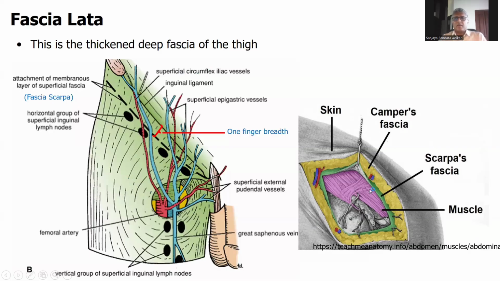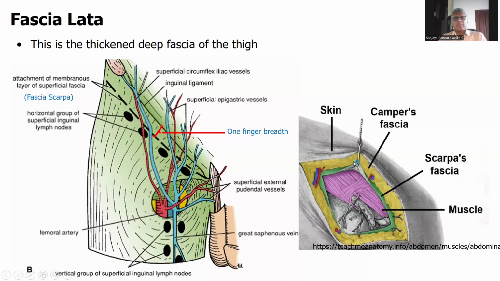But the membranous layer of the anterior abdominal wall, Scarpa's fascia, does not directly enter the thigh. It passes beyond the inguinal ligament, but about 1 fingerbreadth or 1 centimeter below the inguinal ligament, it fuses with the fascia lata. And that is the end of Scarpa's fascia.